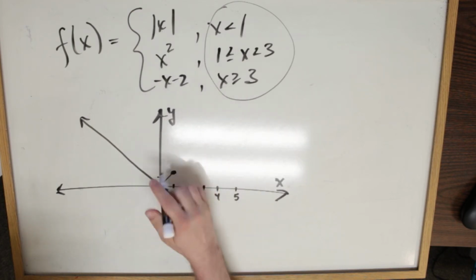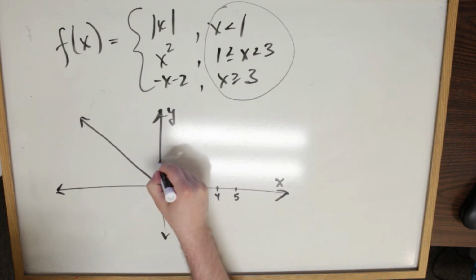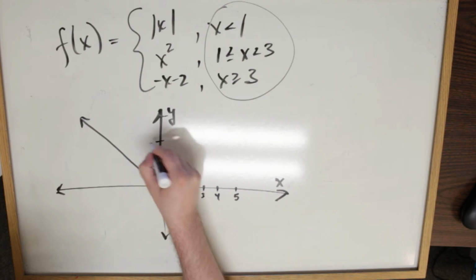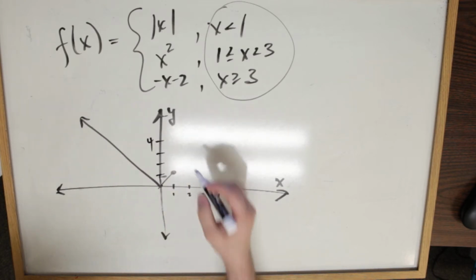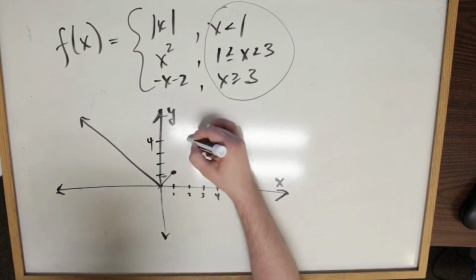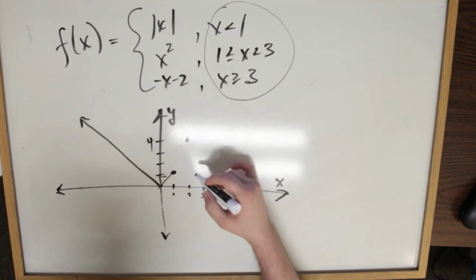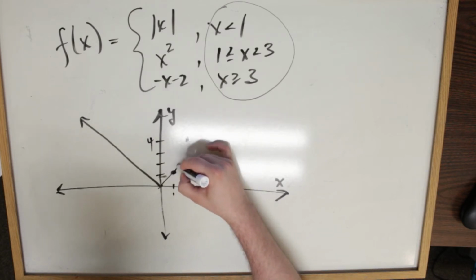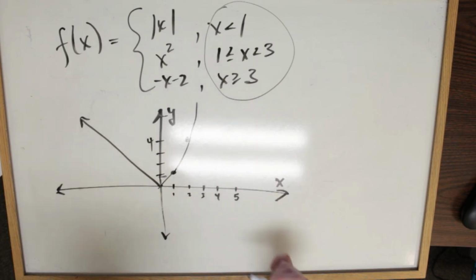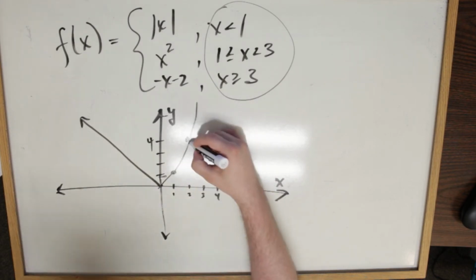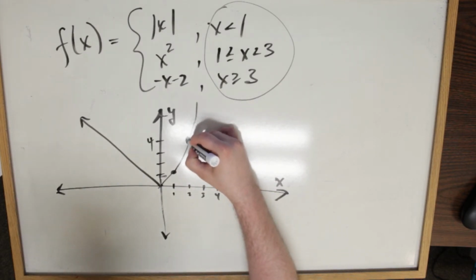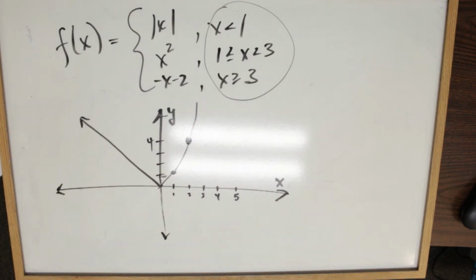Oops, sorry. Wow, that was bad. This is not 1. Here's 1, here's 2, here's 3, here's 4, right there. So at 2 it's going to be 4, and the 3 is actually going to be off the scale. So I'm just going to do that. It's actually a little bit of a curvature, and you can tell I totally missed it. Drawing is really hard.